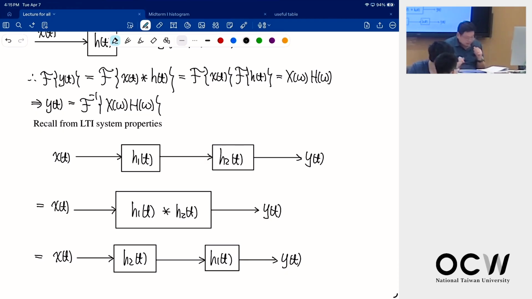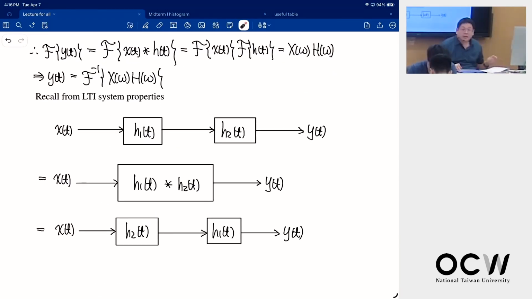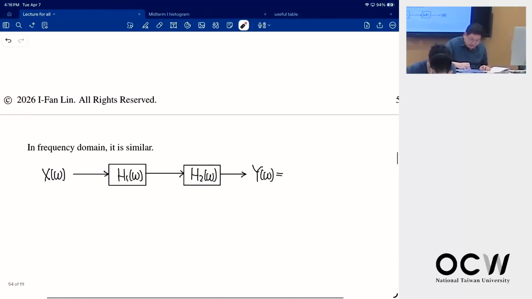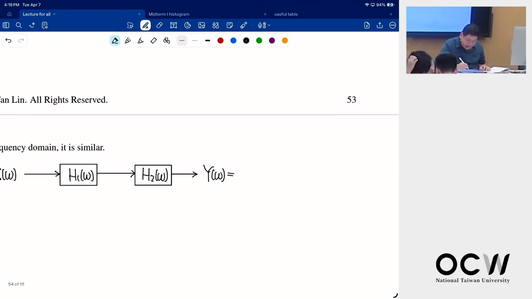This is in time domain. How about in frequency domain? It's similar. In frequency domain, the output is X times H1 times H2.